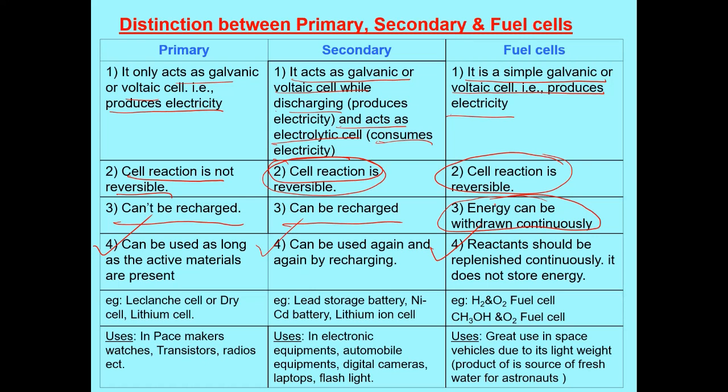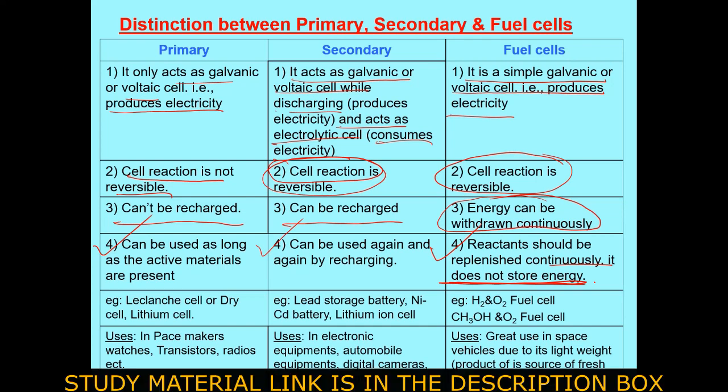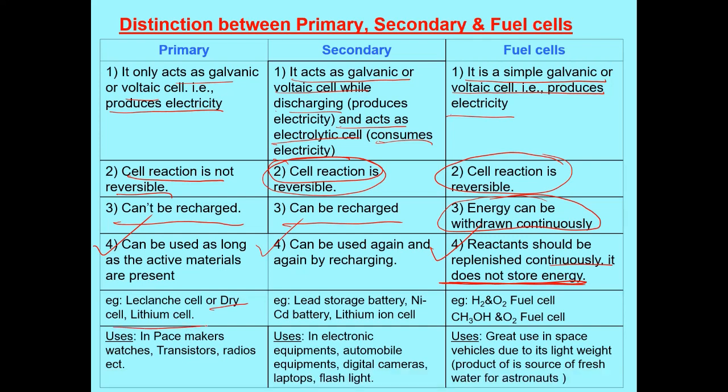The redox reaction will go on, and therefore the electricity will be generated continuously. But one thing I should mention, it does not store energy. As long as you supply the fuel, the energy will be generated, but it cannot store the energy.